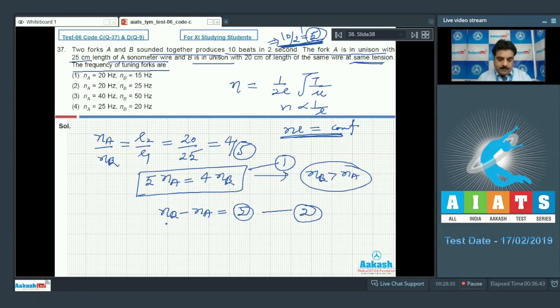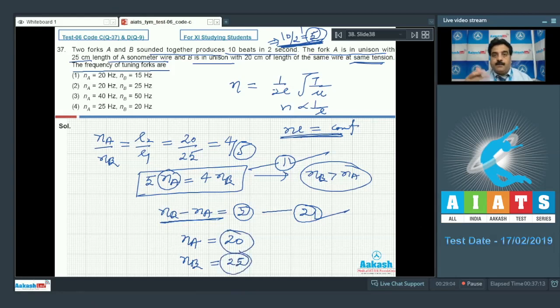If I place the value of Na in terms of Nb, 4 upon 5 times Nb, when you use equations 1 and 2, using the value of Na in terms of Nb in this equation, then on solving you will get Na 20 and Nb will be 25. So by this calculation you can easily find option number 2 will be the right choice. We'll move to question number 38.